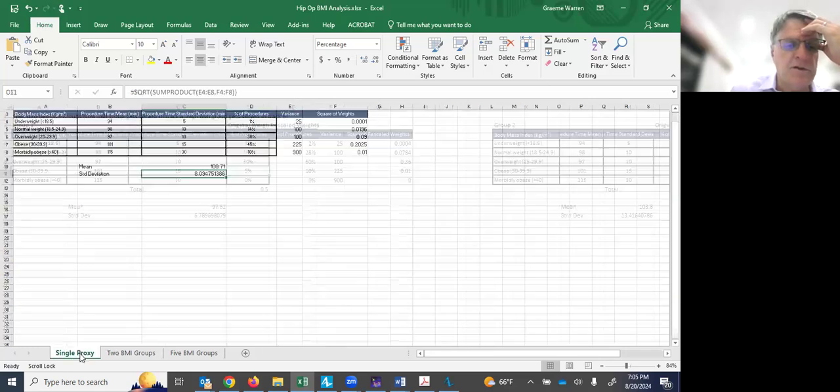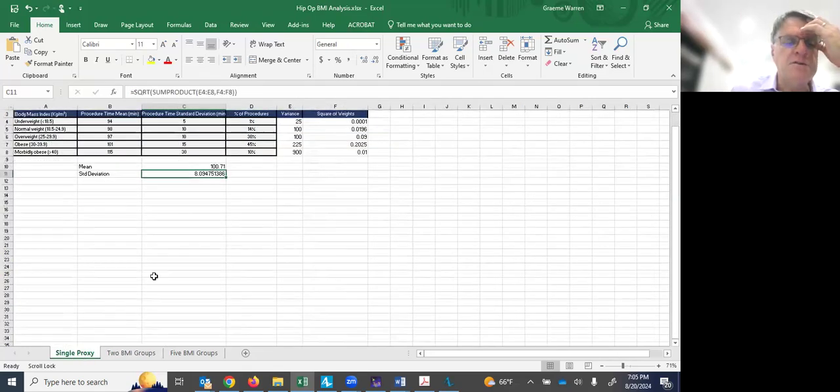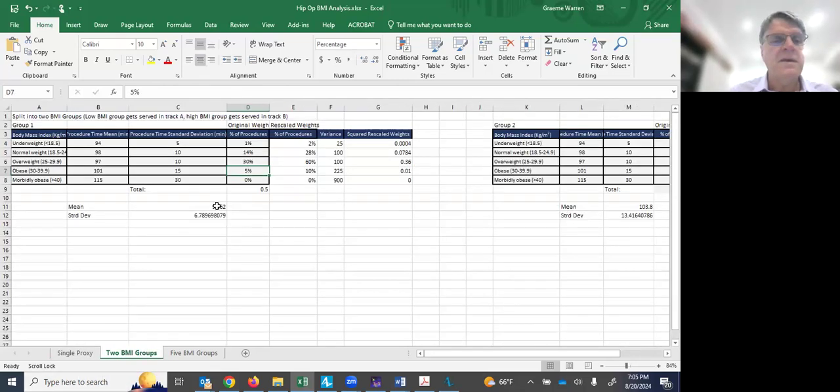The original mean was 100, standard deviation of 8. And now if I revise this, I'm going to get a mean of, for the lower BMI folks, 97.62 and a standard deviation of 6.78.